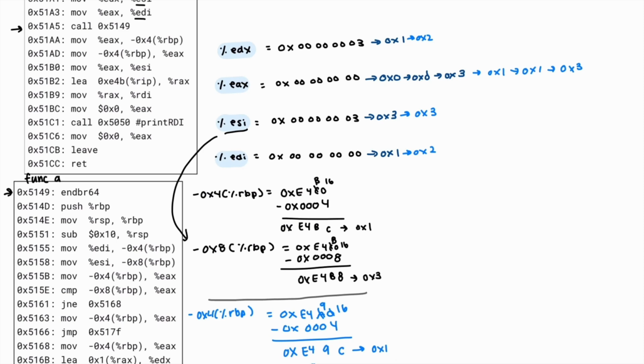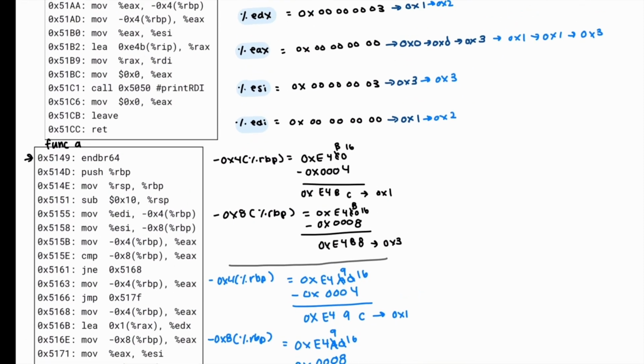Whereas EDI is incrementing by 1 so far, and our EDI here is resetting our minus 0x4 RBP value. So that value is the one that's changing in our recursive function. And it looks like our EAX is being used just as a register to set other values and help us manipulate some of our variables.